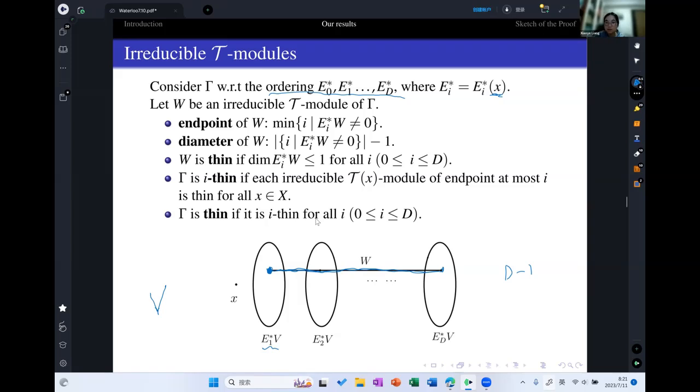So if Ei star W is non-zero, then its dimension is 1. So this is a thin irreducible module. Now the graph gamma is called i-thin if for each irreducible T-module of endpoint at most i is thin for all x. And gamma is thin if it is i-thin for all i. So now we see what a thin distance regular graph is.